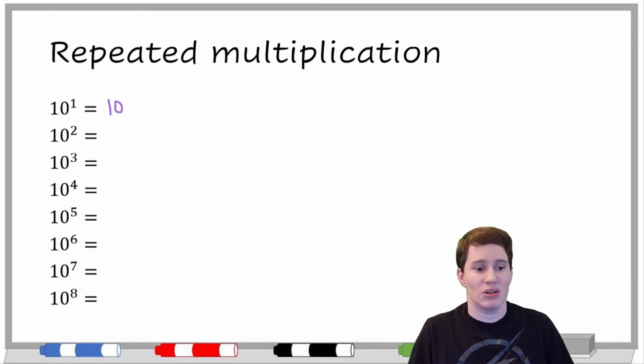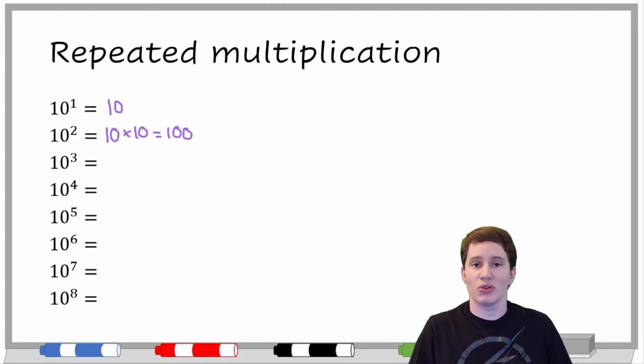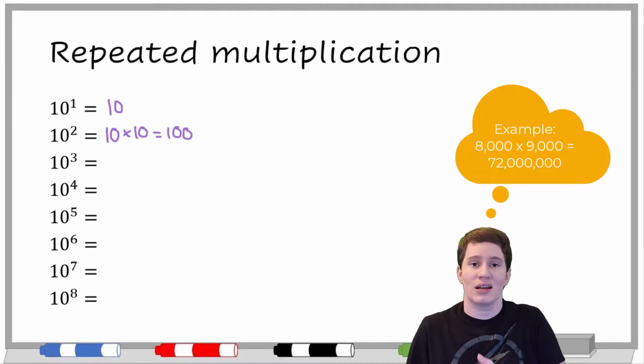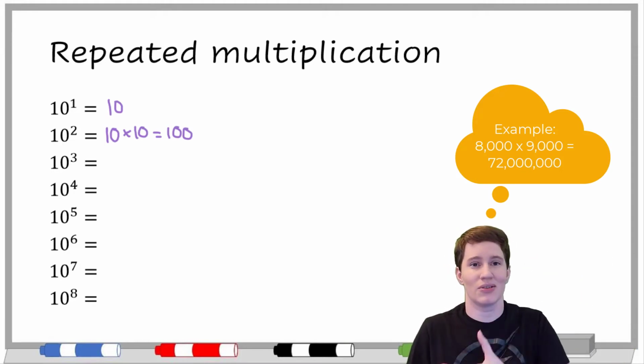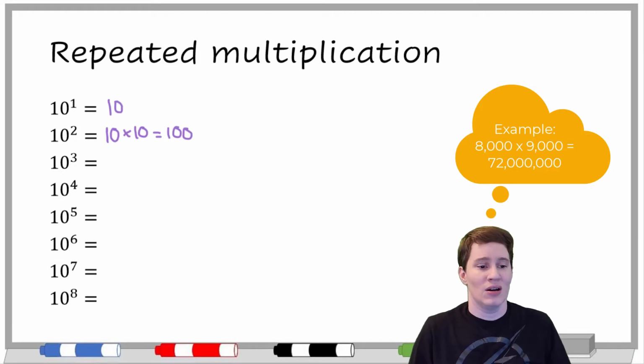So 10 to the first power is just the number 10. 10 squared would be 10 times 10, which gives us 100. And if you have not already encountered this really cool trick, whenever you're multiplying by things that have zeros on the end, on the far right, you basically can ignore those zeros and multiply the numbers on the left and then put in the zeros later. I don't know that I'm explaining that super well, but let's give it a try with 10 to the third.